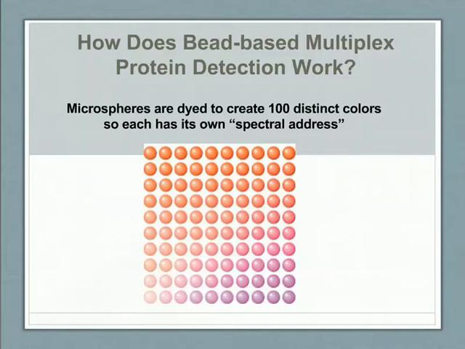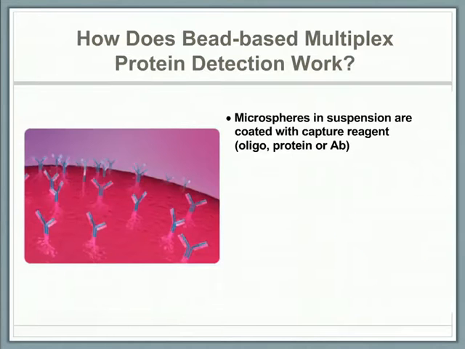And I'd like to give a brief introduction on how bead-based multiplex protein detection works. Dr. Carreno, after me, will talk about applications using this technology. I'm going to give an introduction into how it works. The multiplexing, as I mentioned before, works by having beads with different colors or spectral addresses, and each of those beads can be conjugated with a different capture reagent.